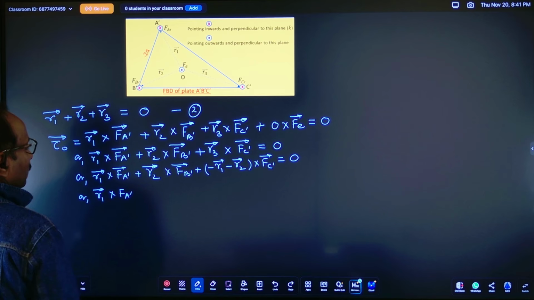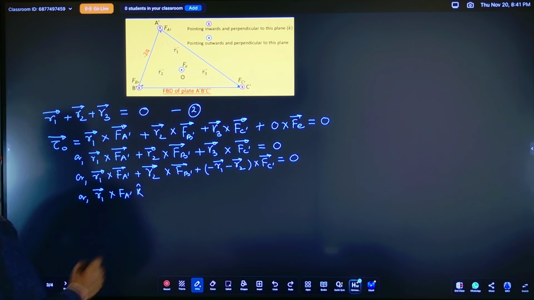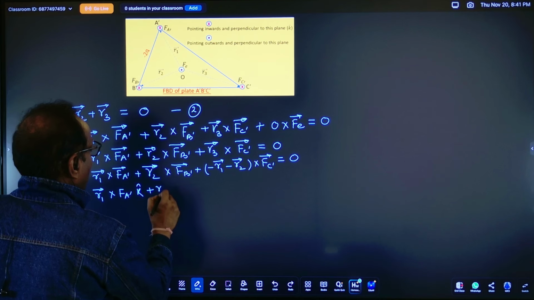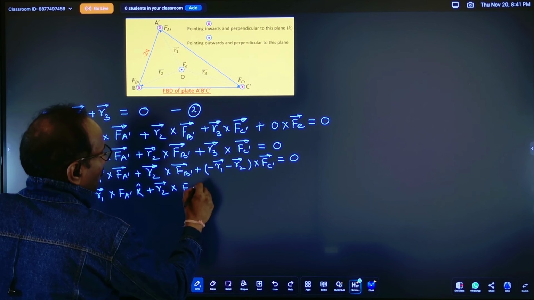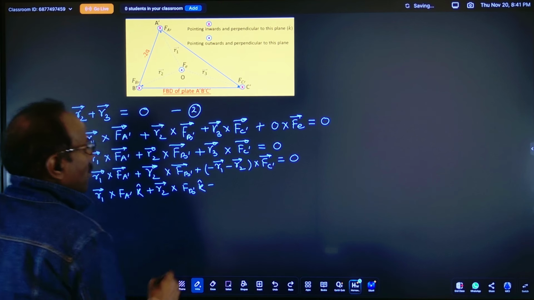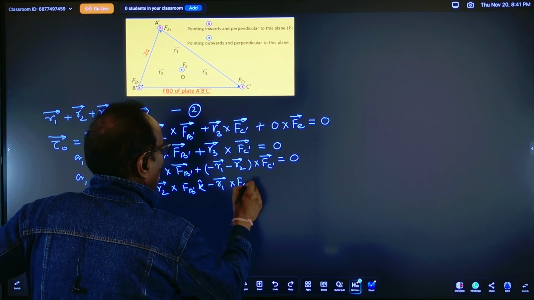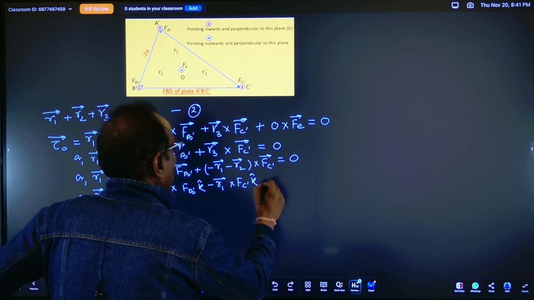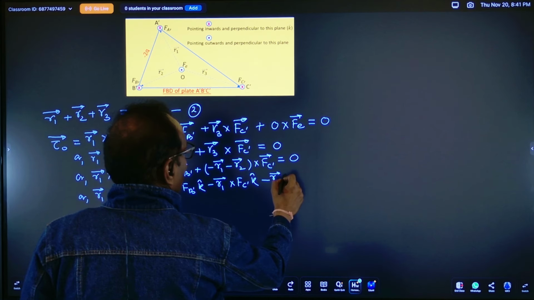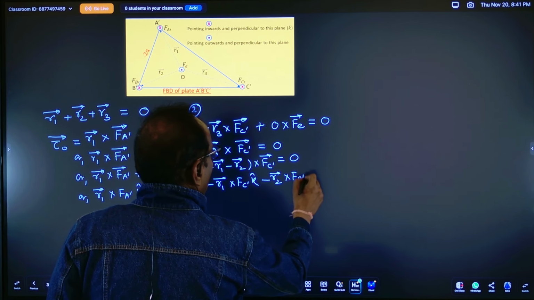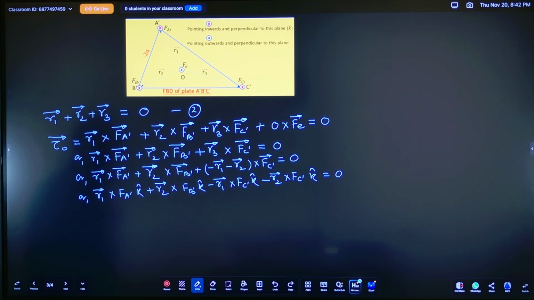We can write Fa prime vector as Fa prime k. So this equation will become this.